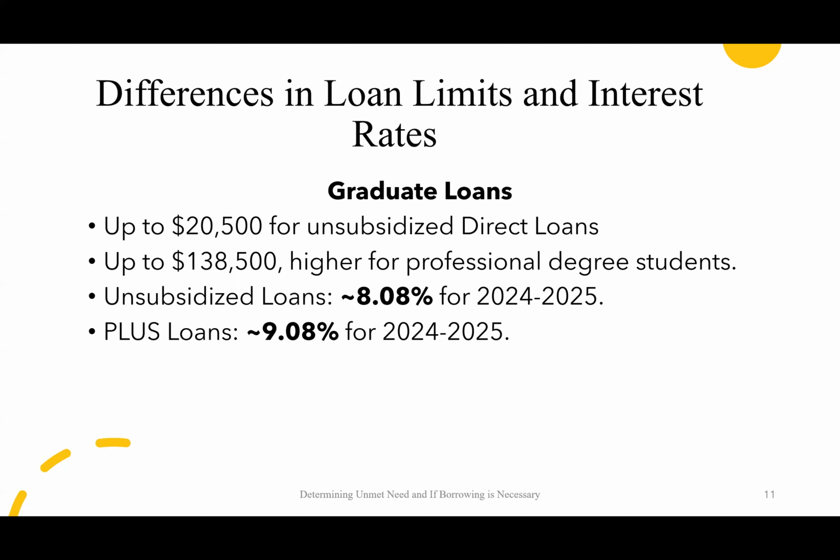For the PLUS loan, that Parent PLUS loan, as I mentioned earlier, the interest rate can be slightly higher. Currently for those PLUS loans, you're looking at about 9%, which is really high. So that is, like I said, kind of like a last resort for students possibly. Please keep that in mind.